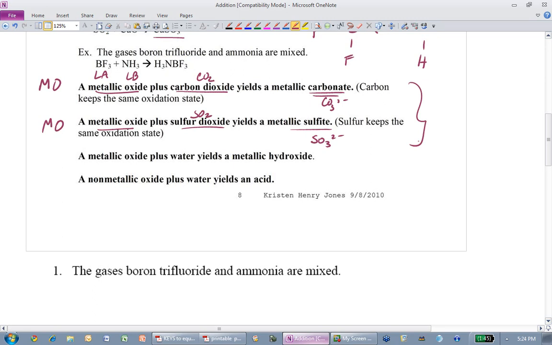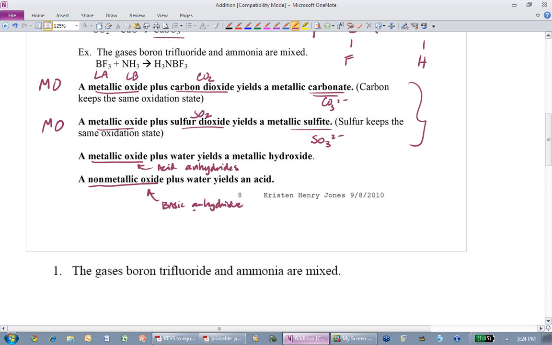A metallic oxide plus water yields a metallic hydroxide because metallic oxides are basic anhydrides. So if you've already listened to that recording, you already knew that. If you haven't, when you listen to that recording, you'll already know this. And a nonmetallic oxide is an acid anhydride.